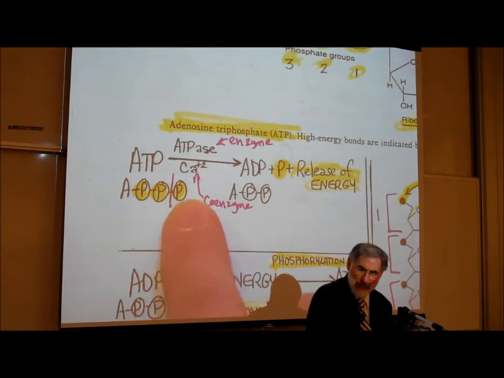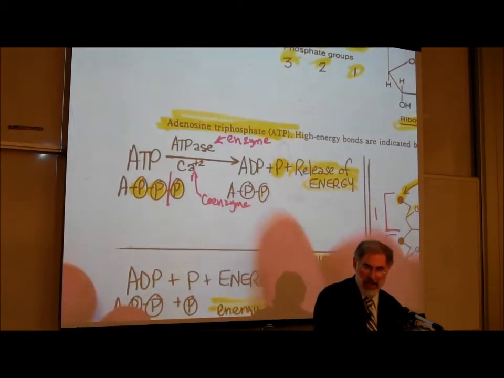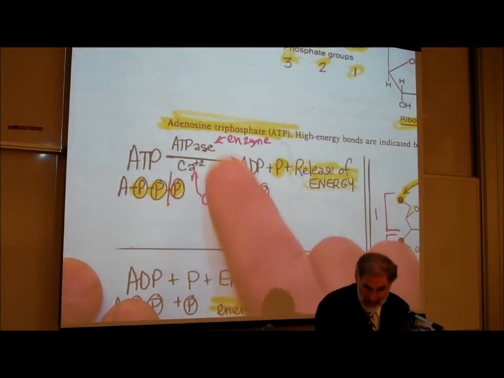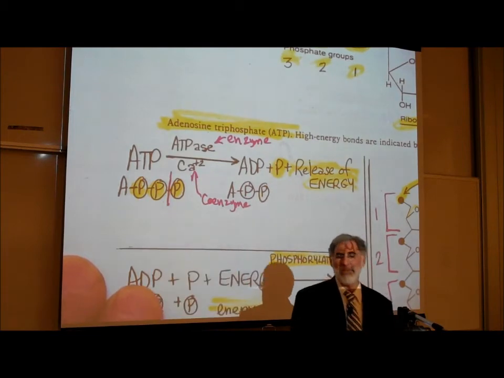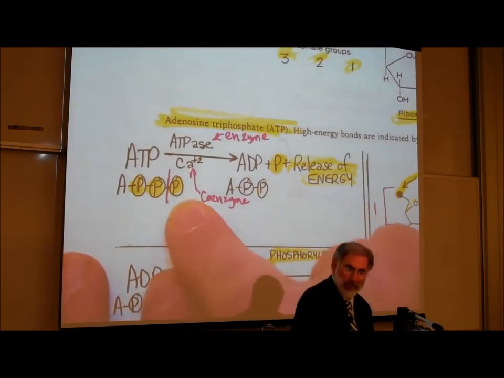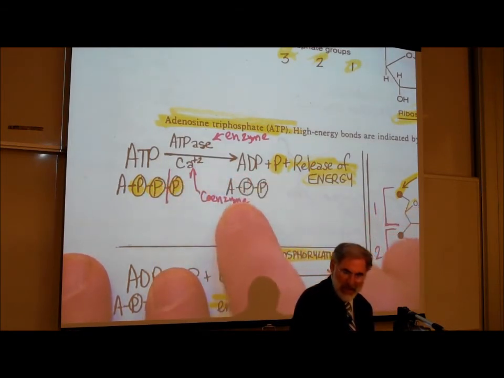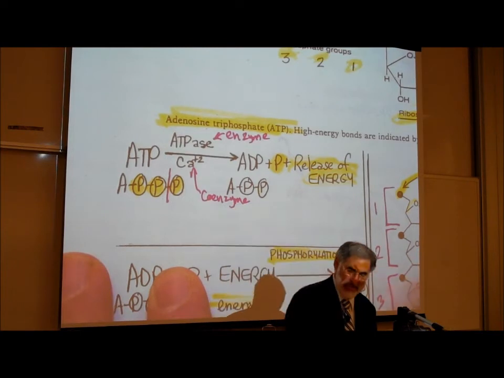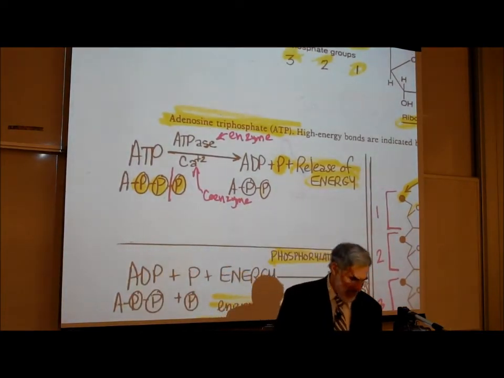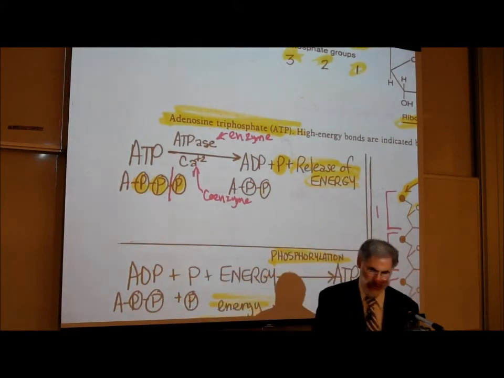And in order for that 3rd phosphate to be cleaved or split off the molecule, it requires an enzyme called ATPase and a coenzyme calcium. Together, they cleave that 3rd phosphate, forming ADP, which stands for adenosine diphosphate, with 2 phosphates, and a free phosphate. And that splitting of that 3rd phosphate off the molecule releases energy.